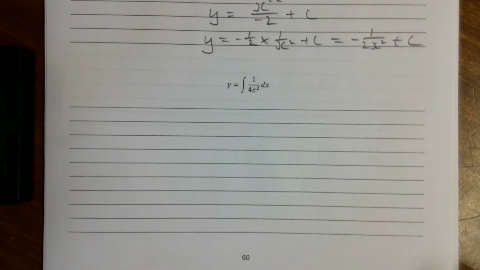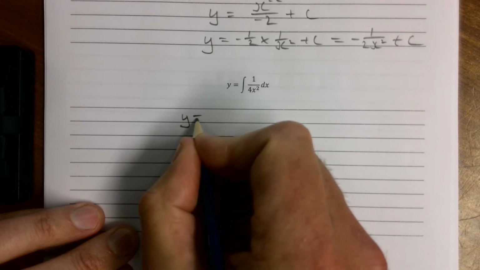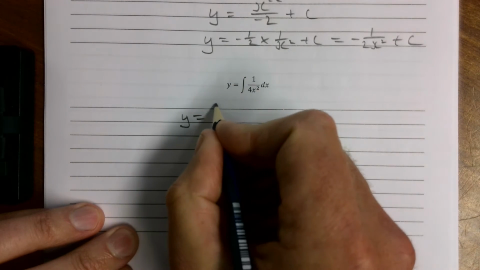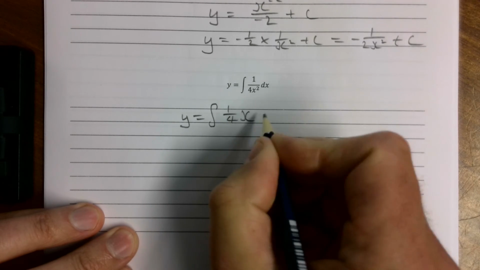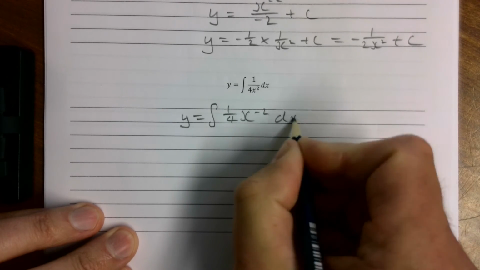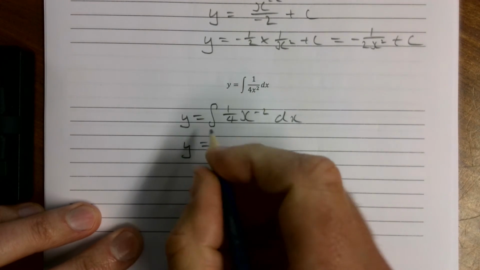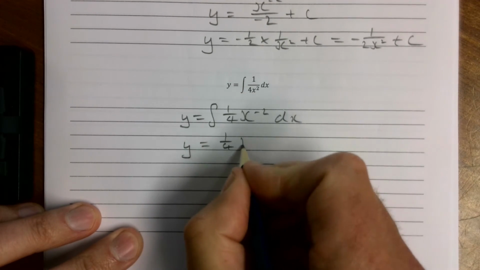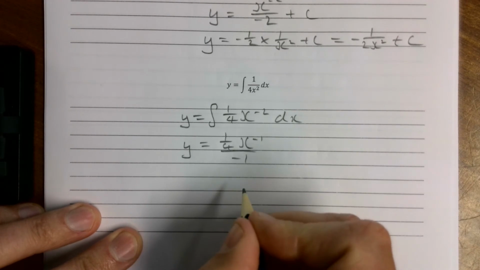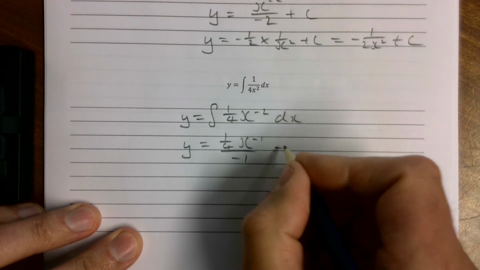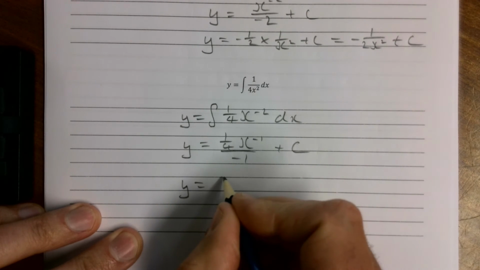Next example. y equals the integral, I'm not integrating it, 1 over 4x to the minus 2 dx. Integrating now. Add 1 to the power, divide by the new power, plus c. Rewriting this.